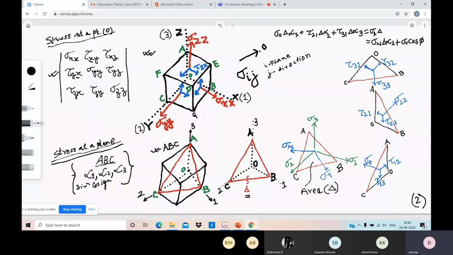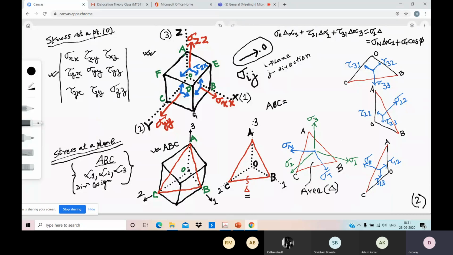Now the stress that acts on the ABC plane will actually be the resultant of the stresses acting, because you are applying stress at the origin in an arbitrary way. So how the body is subjected to that stress matters. The stress on the ABC plane will depend on the stresses acting on the face planes.